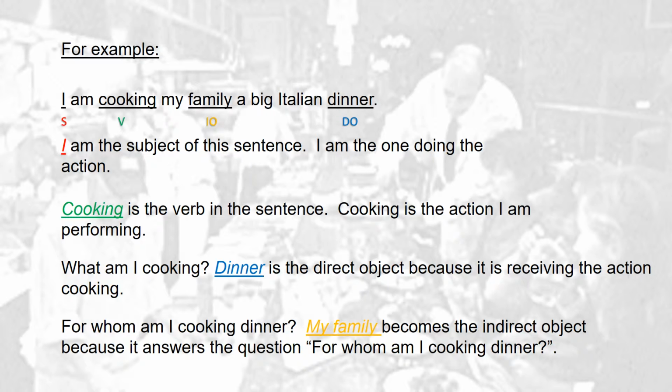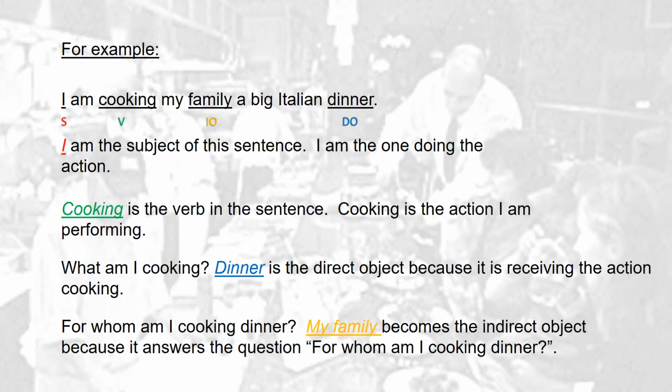So, if we're looking for an indirect object now, we know that it's going to come between the verb and the direct object, and that it's also going to be a noun. So let's see if we can find a noun that comes between the verb cooking and the direct object dinner. Well, family. Family is in between those two words, cooking and dinner. I am cooking dinner for whom?